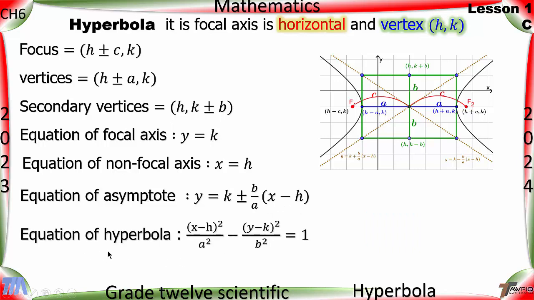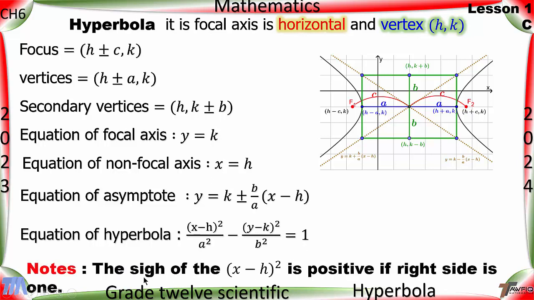And the equation of the hyperbola is (x - h) squared over a squared minus (y - k) squared over b squared equals 1. So the sign of (x - h) squared is positive if the right side is 1.